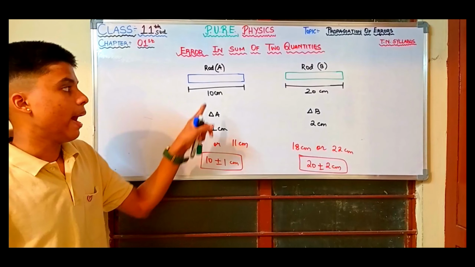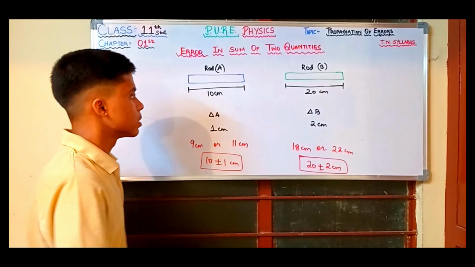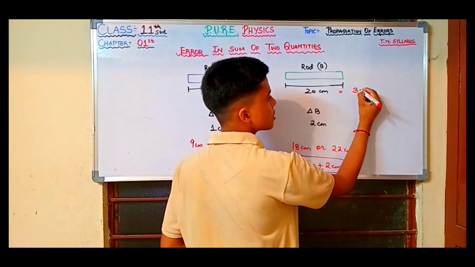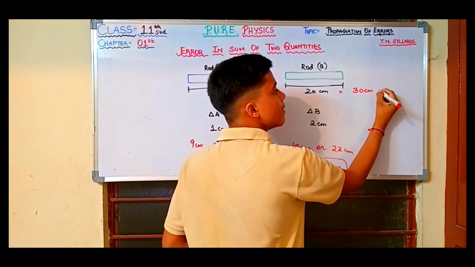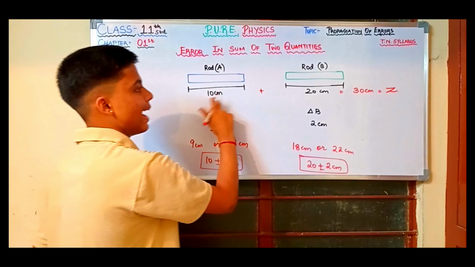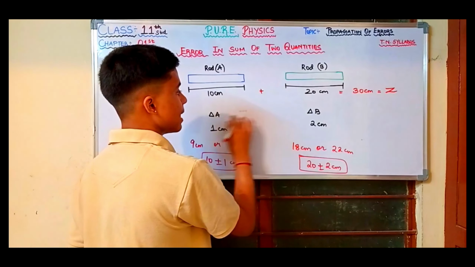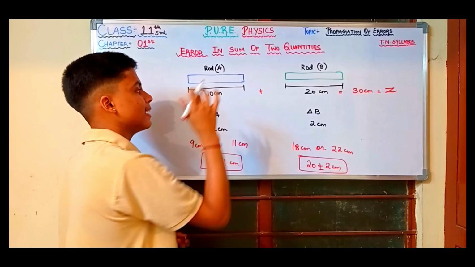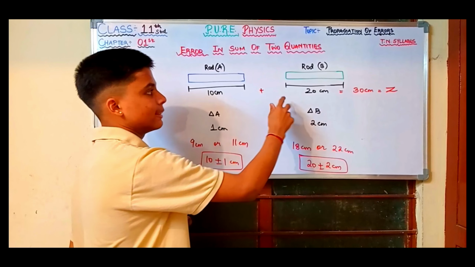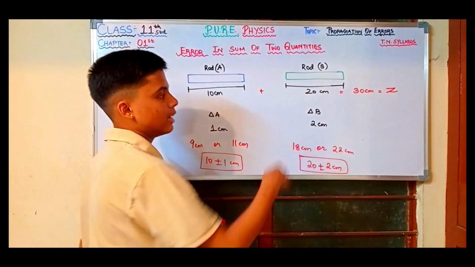Now these are measured values. These are calculated values. So when I add these values, I will get 30. 10 plus 20 is 30 centimeter, which is nothing but my final answer after adding both the values, which is Z. And these are the errors in the calculated values. If I add the calculated values, then my final value will also contain the error contained in each of the values, right?